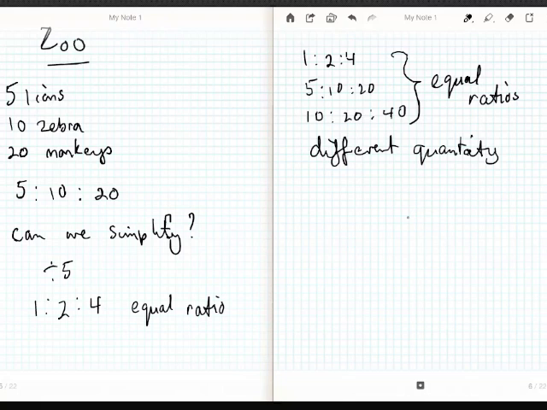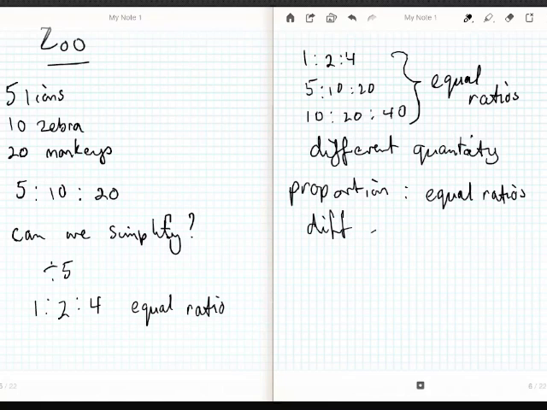Okay, now the next part of our lesson talks about proportion. Proportion means that two ratios are equal, like the stuff above, okay? Equal ratios, but with different quantities.